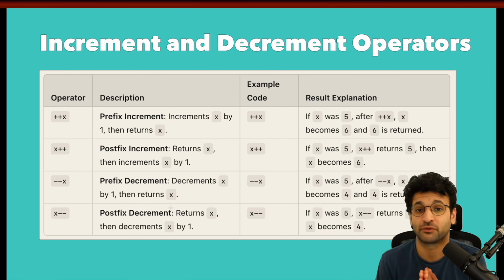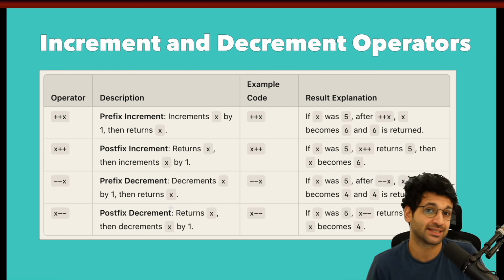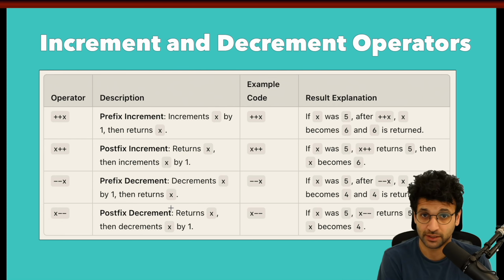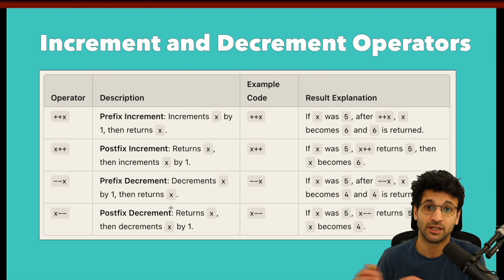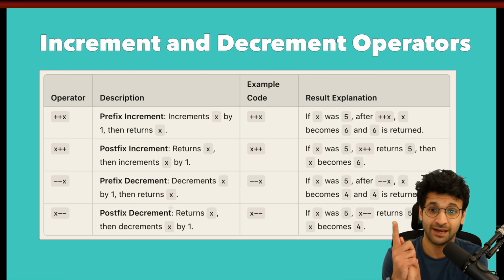Let's talk about increment and decrement operators. It turns out for a very special case of adding 1 or subtracting 1, as in x equals x plus 1, x equals x minus 1, the things that we've seen before, we have special syntax.